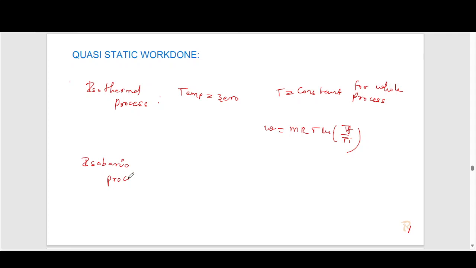Isobaric process. The change in pressure is 0. Here pressure is constant, therefore W equals P into Vf minus V initial. Ignore this because it is for JEE Advanced.